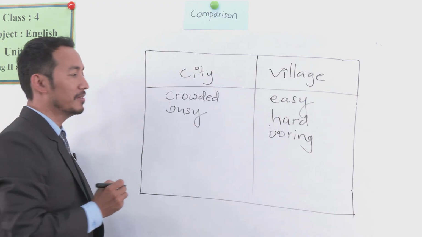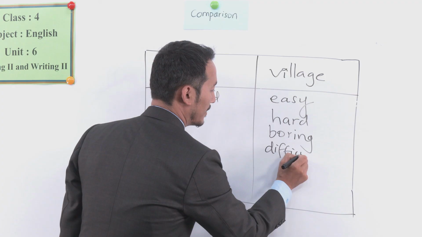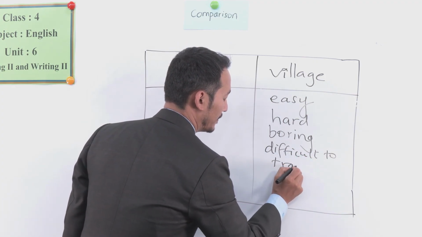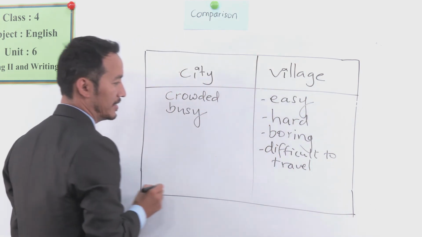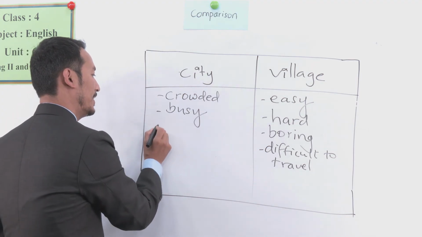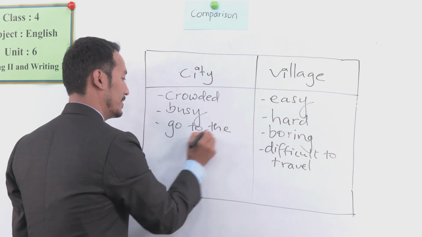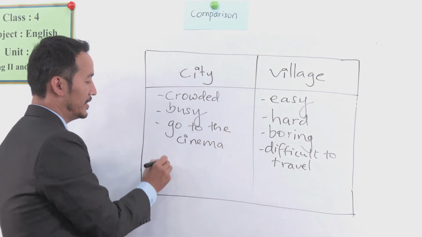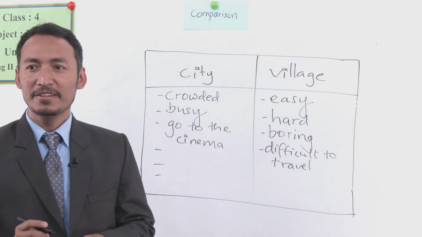It's difficult to travel, again, difficult to travel. So this is the way we do. We go to the cinema here, go to the cinema. So this is how we go on completing the table for this exercise.